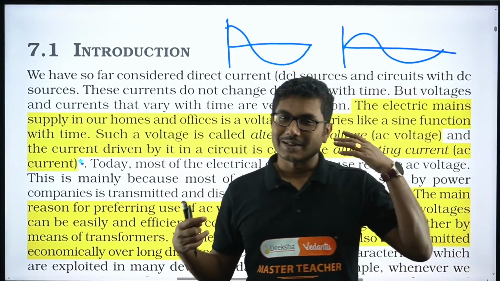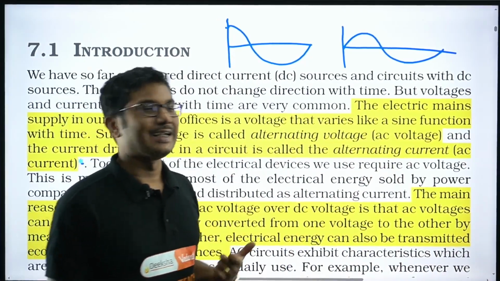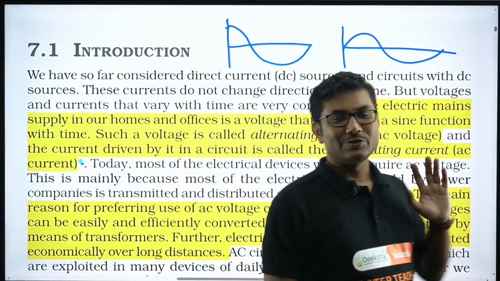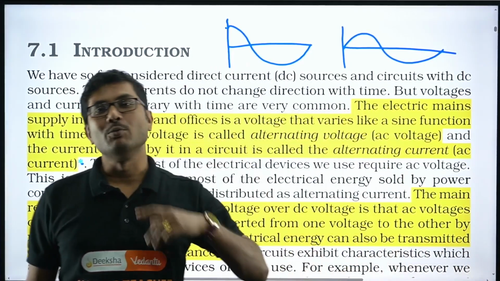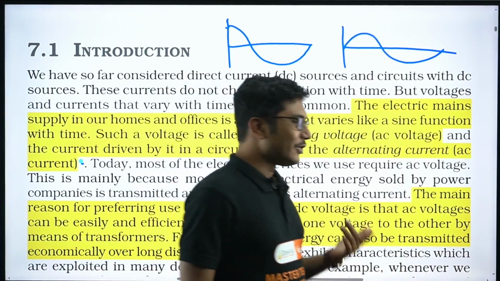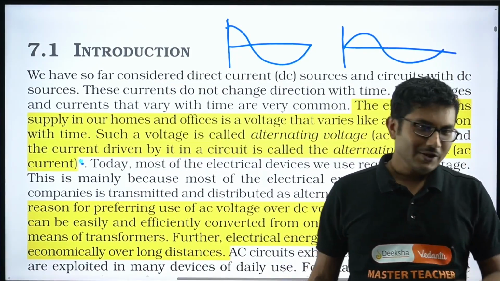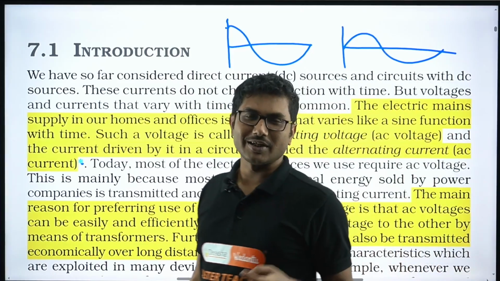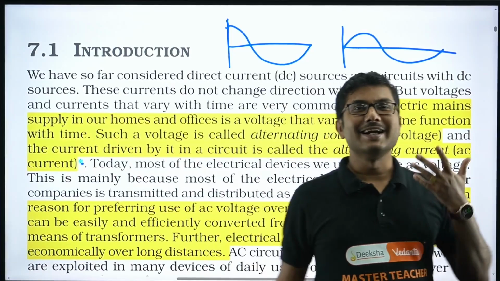Some time back they started using the terms AC current, DC current, and since then it has continued, even though it's redundant. Redundant means using something more than once, right? If I say my name is my name, how does it sound? It does not sound good, right? So that's why it is a redundant use.